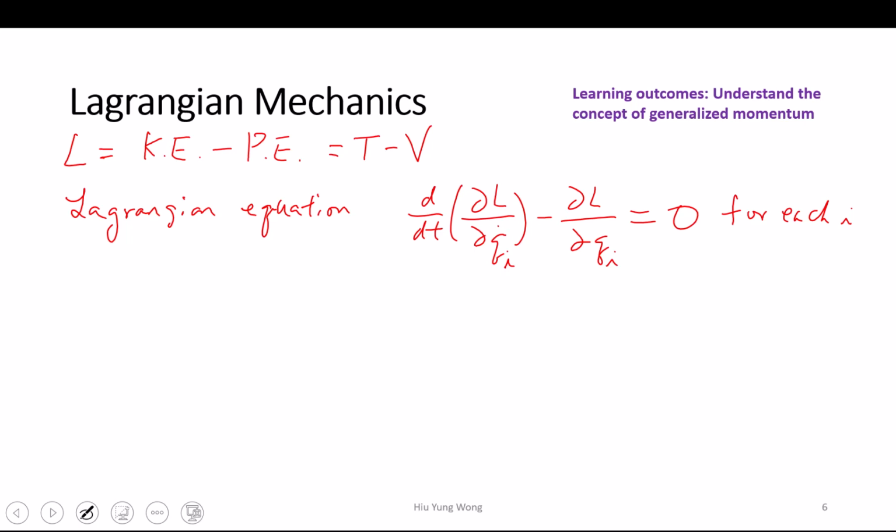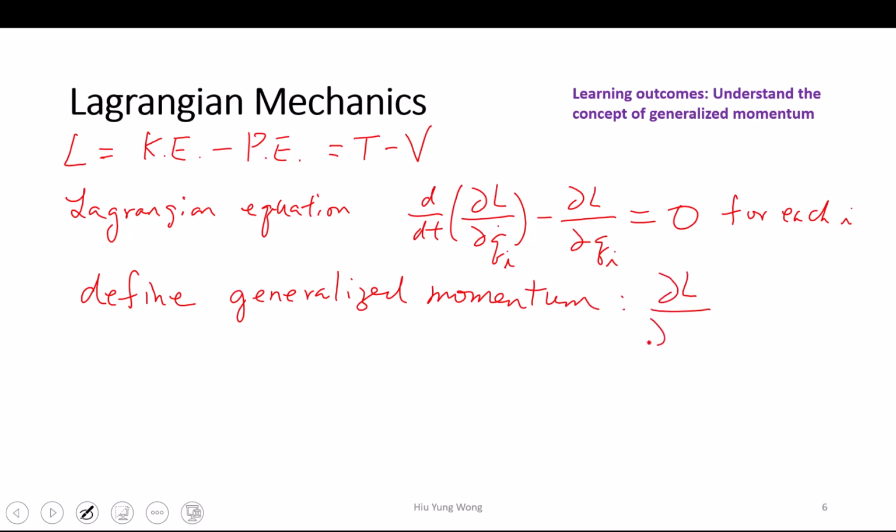This is still a little confusing, but I want to define one more thing. Besides the generalized coordinates and velocity, we can also define a generalized momentum. It does not need to be the momentum that we are using, but it is defined as the partial derivative of L with respect to q dot, and that is the generalized momentum.